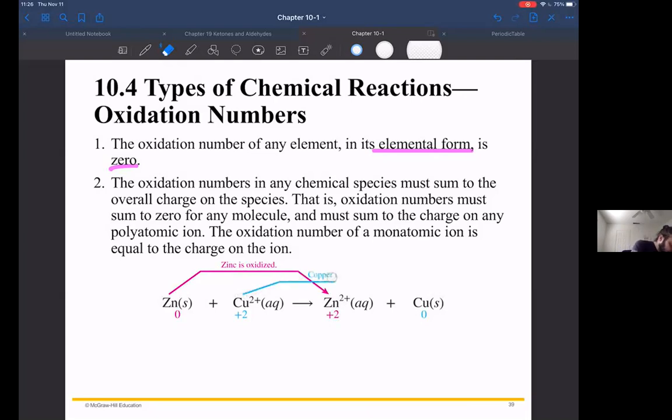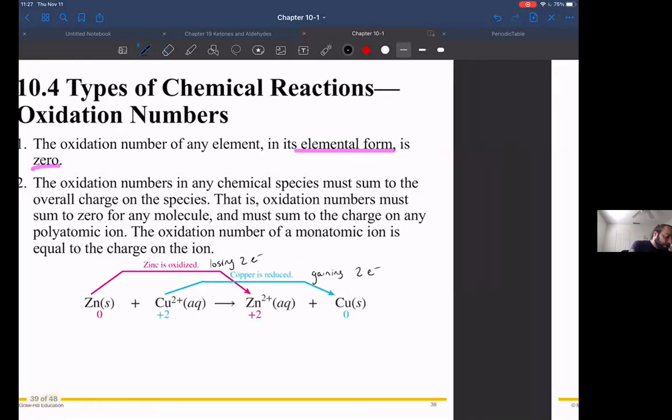And copper is going from having a +2 charge to being neutral, so it is gaining electrons. So let's say gaining 2 electrons. So it is being reduced. Remember, gaining electrons, because they have a negative charge, that's being reduced. Oxidized is losing, in this case, 2 electrons.